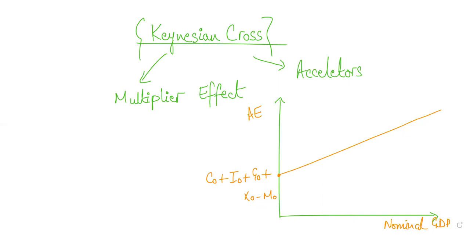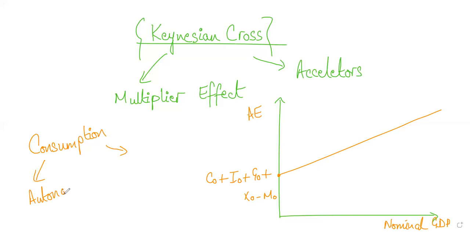We already know that autonomous is any component that is not dependent on income. For every component of aggregate expenditure, we divide it into two parts. For example, in consumption, you would have autonomous and induced.